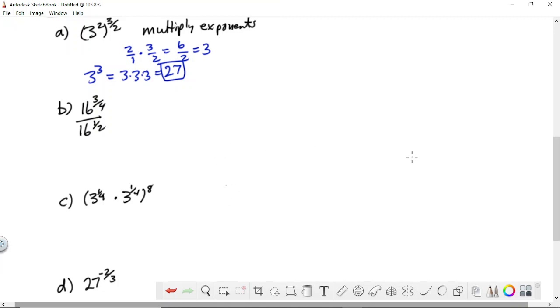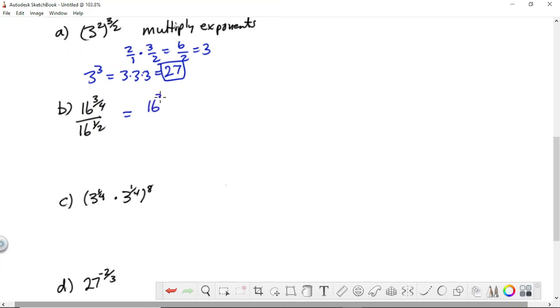We have 3/4 minus 1/2. What is that? Well, we will change 1/2 to have the same denominator as the 3/4. You have to get the common denominator before you can subtract.